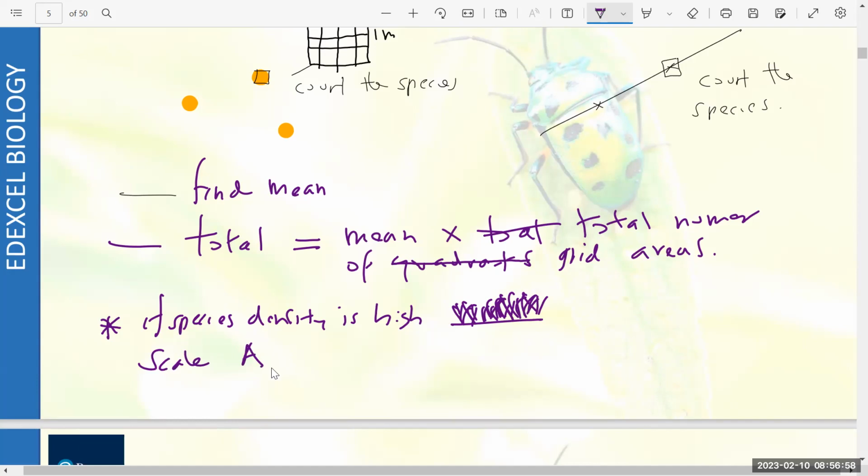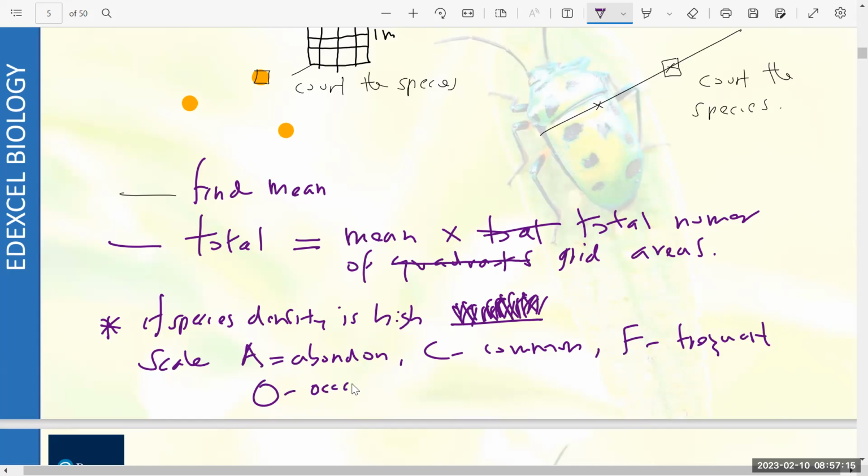So A, abundant, C, common, F, frequent, O, occasionally, and R, rare.